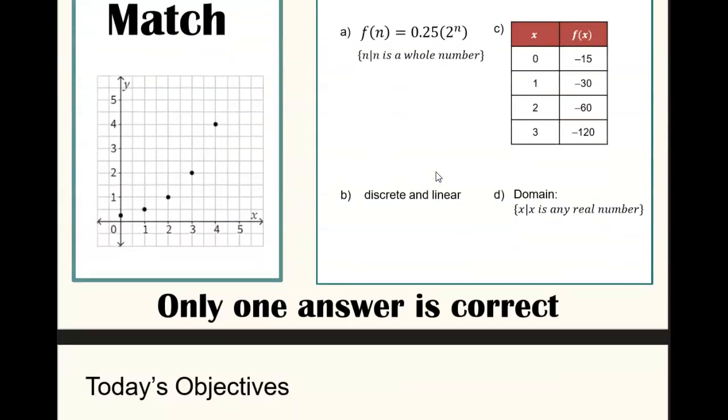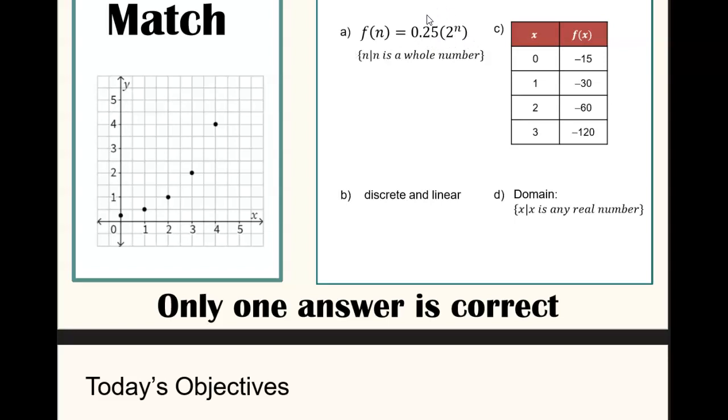Here is our last problem. Pause the video. Decide which of these options goes with this graph. Okay, so this looks like a curve, and it's jumping. We don't have a continuous line here. So let's look at our options. F of n equals 0.25 times 2 to the n.